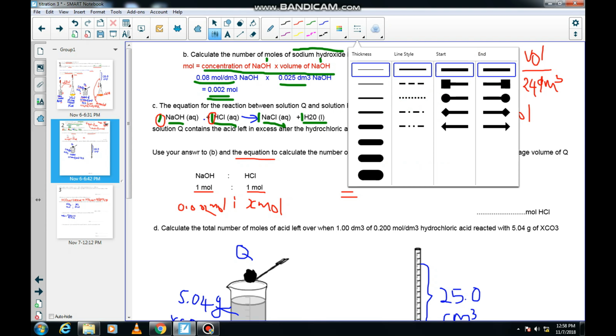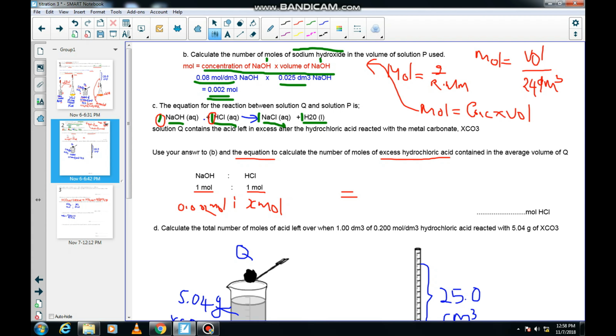If you do cross multiplication, then you'll have 0.002 times 1 mole is equal to 1 mole times X. And if you perform arithmetic, you will finally get an answer of 0.002 moles. Do not just leave your answer here, write it in the space that is provided. 0.002 moles of hydrochloric acid.